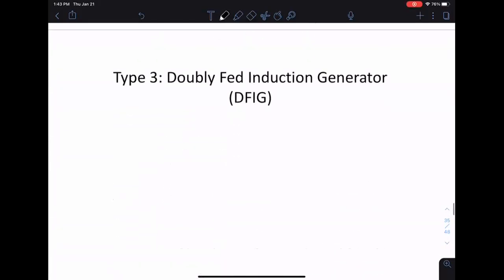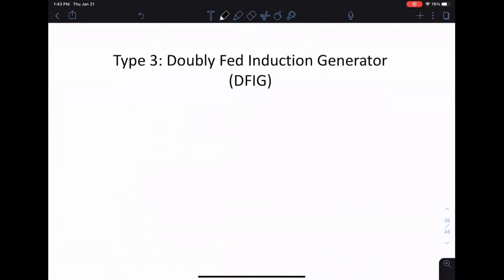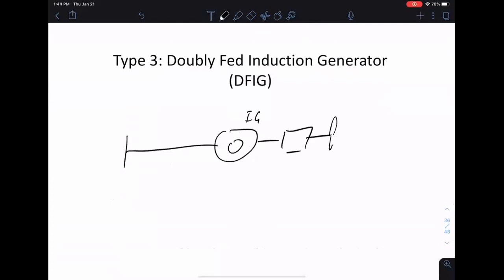So you can improve this a little bit. Actually, you can improve this by getting rid of power in another way. And this is the DFIG, type 3, doubly fed induction generator. What this design says is, I still have a generator, a gearbox, and blades here. But let's say I want to get rid of power.